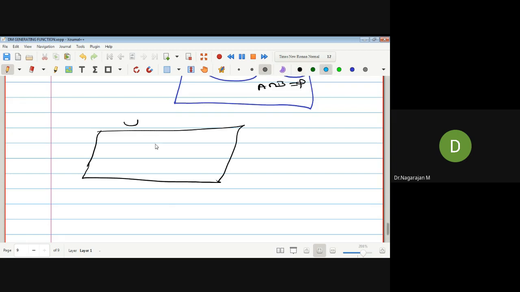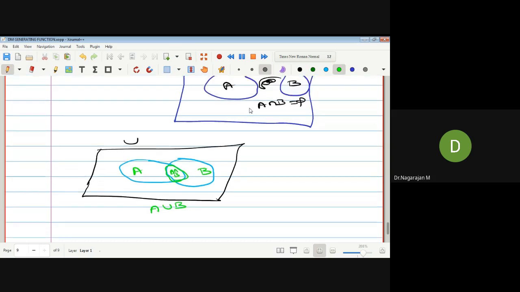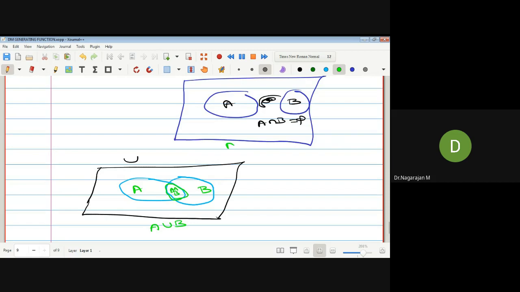Then you draw the A and B sets. Intersect means the common element is there, and this is called A intersection B. This overall intersection common element is called A intersection B, and this diagram is not that A union B. The previous diagram shows that A and B are disjoint. This is the two diagrams.